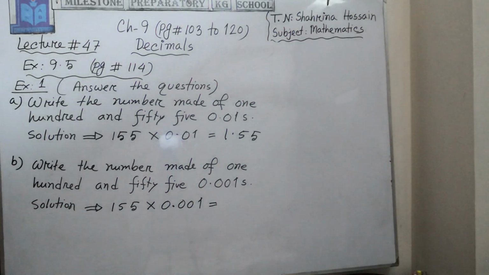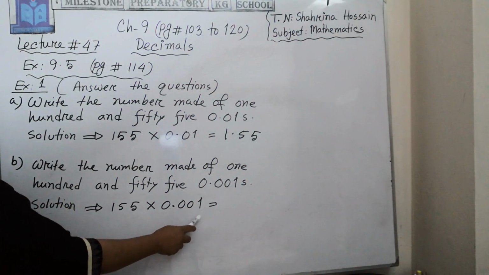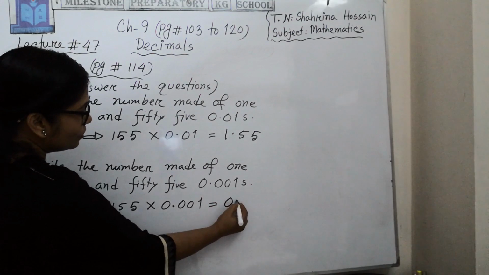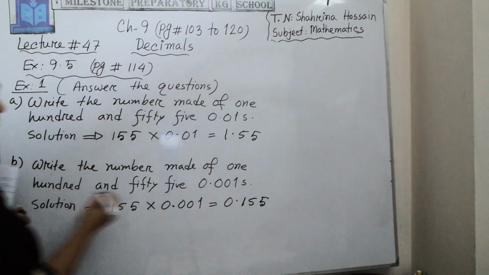If you see here, after the decimal how many digits? 1, 2, 3. That means when we multiply with 155, where do I put the decimal point? Yes, you are right. That means we will put it before 3 numbers. So my answer is 0.155.